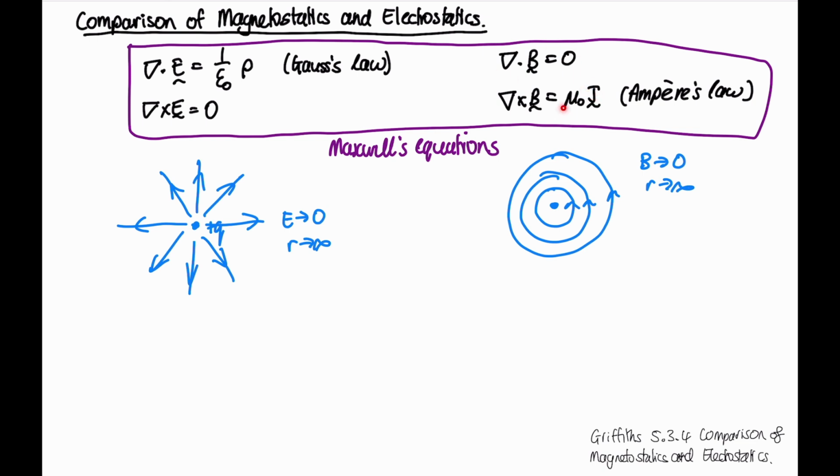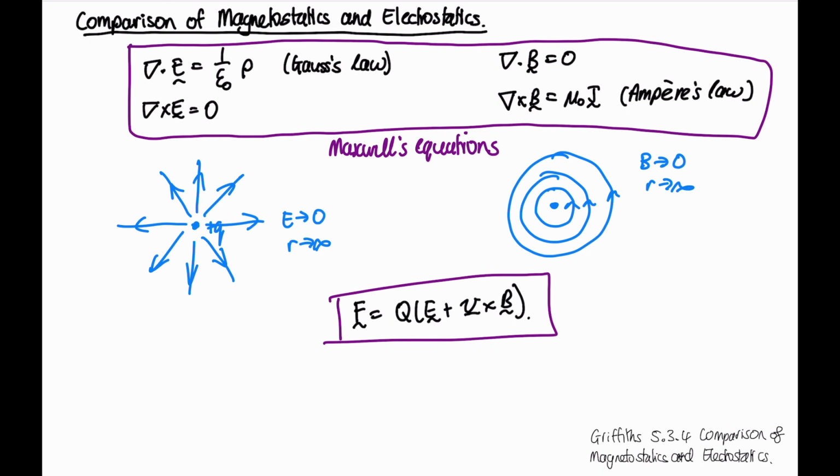And so these contain equivalent information to the Biot-Savart law with the law of superposition. So Maxwell's equations, along with our force law, which is F is equal to q(E plus v cross B), basically allow us to get everything that we've gotten so far.